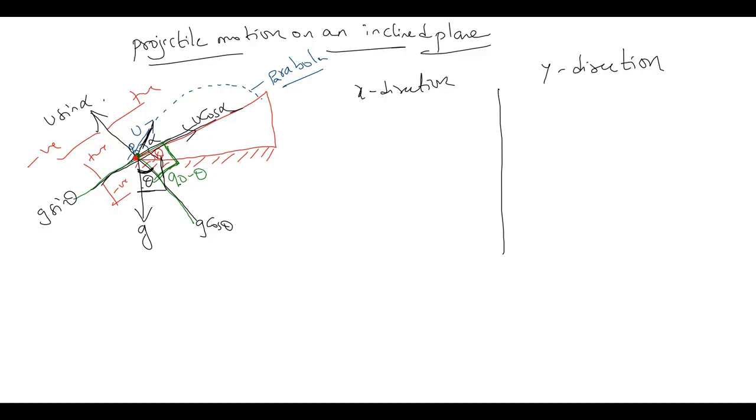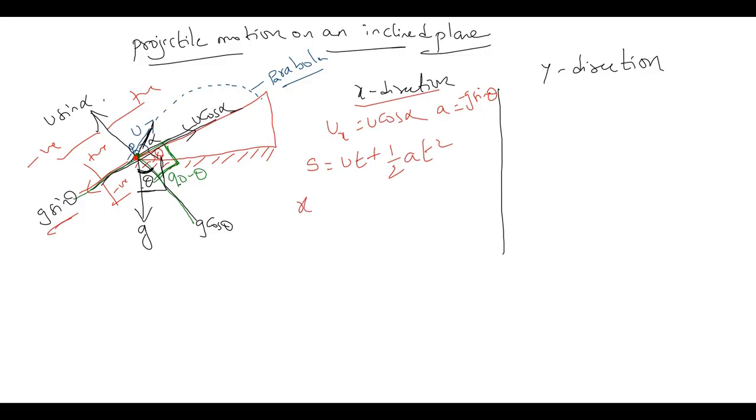So for the x direction, ux is nothing but u cos alpha. In the same way, acceleration is along this side, which is minus g sin theta, because this is the negative direction. Now what is the formula for the equation s equals ut plus half at square? You can write s as the x direction.